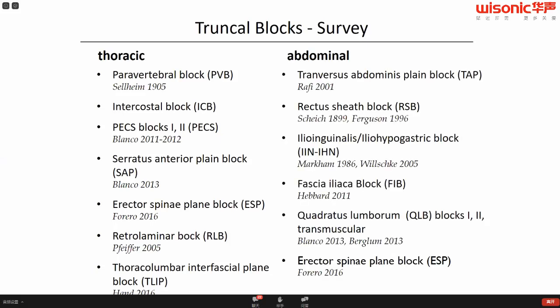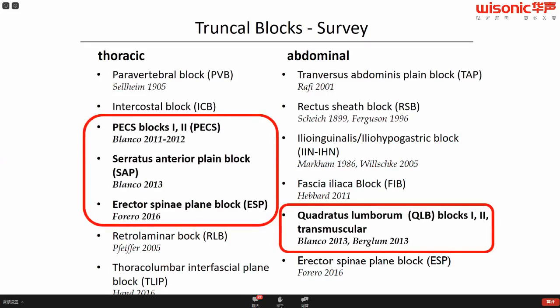In the abdominal area, we have the transversus abdominis plane block, ilioinguinal, iliohypogastric block, fascia iliaca block, quadratus lumborum blocks, and the erector spinae plane block also. I will focus in my presentation today on the PECS block, serratus anterior plane block, erector spinae plane block, and quadratus lumborum block.